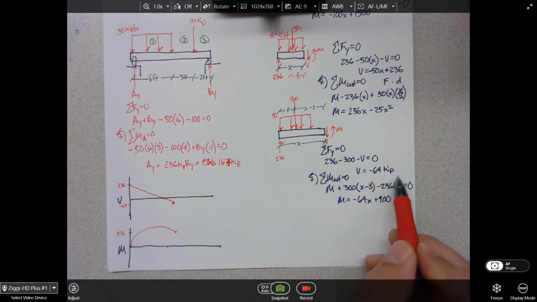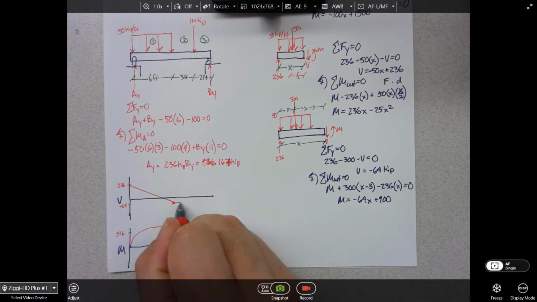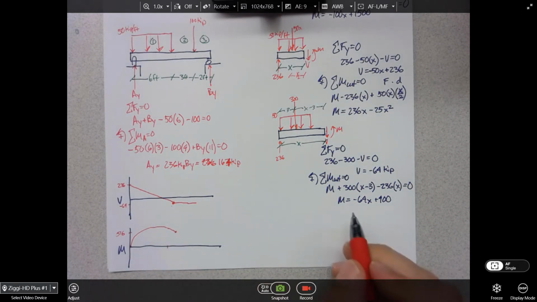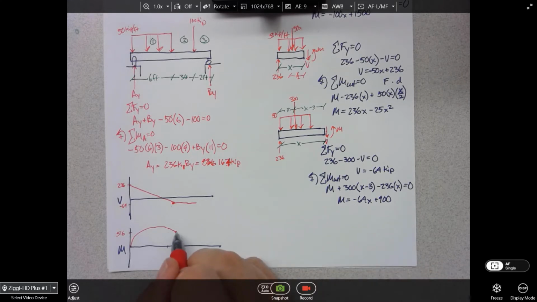It says the shear stays at negative 64, so we just draw a straight line. The slope of the moment is negative 64x, and we are at 6. So what's negative 64 times 6 plus 900? 516. 516, that's where we were.